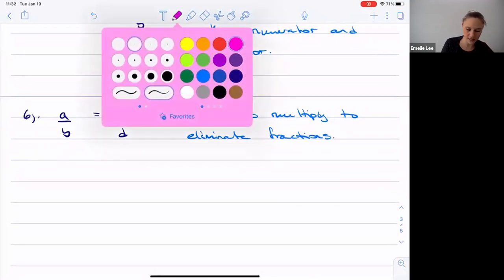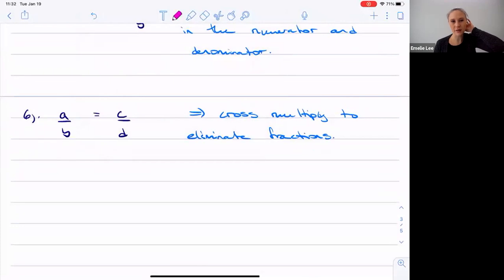So what that says is, if you just think about how solving equations works, if you wanted to move this b from the denominator over to the right-hand side of the equation, then you would have to multiply both sides by b, because it's being divided on this side.